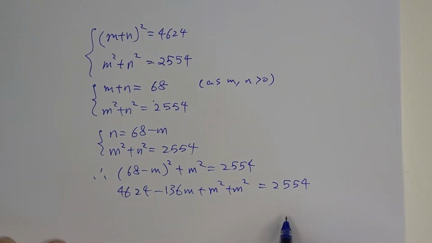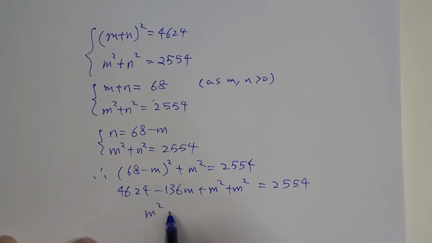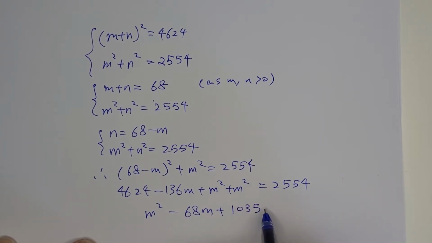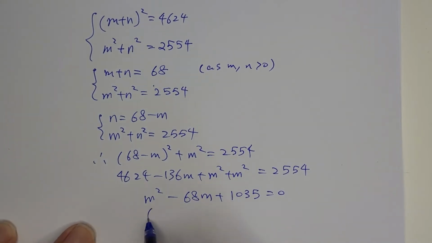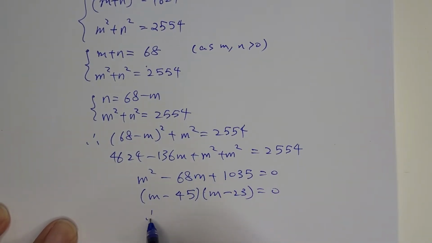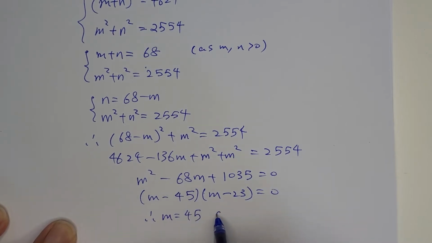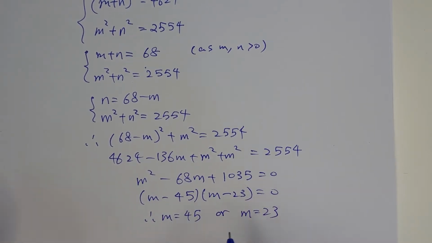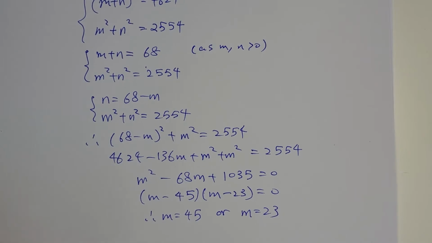So you can simplify it as the quadratic equation, m squared minus 68m plus 1,035 equal to 0. So you can solve it by using the cross method. m minus 45 multiplied with m minus 23 equal to 0. Therefore, m equals 45 or m equals 23. So that's the end of question number 2.